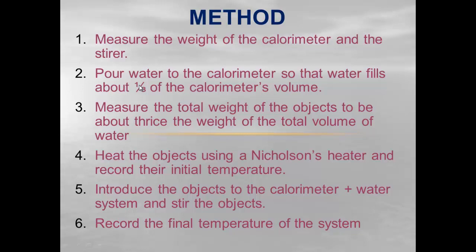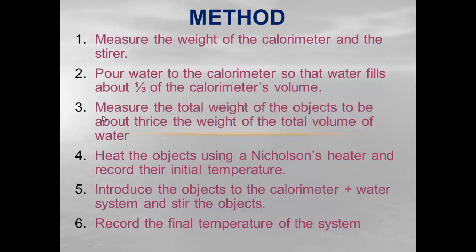When you add coins or any other metal that will pass off heat to the water and calorimeter system, the level of water will rise. So you have to consider that, and initially you have to limit it to at most half, right? It's better if you limit to half, or even 1/3 is the most precise value. So I have taken 1/3 here.